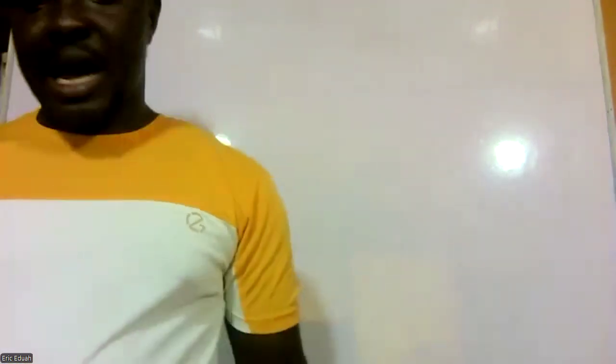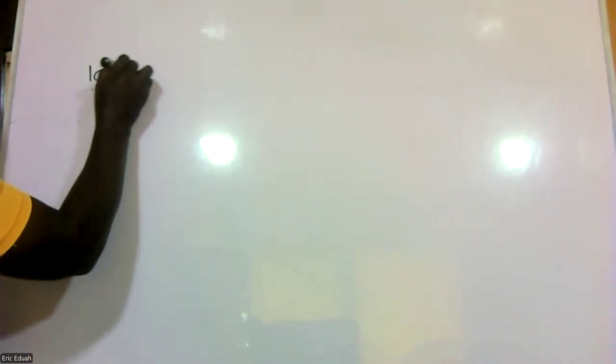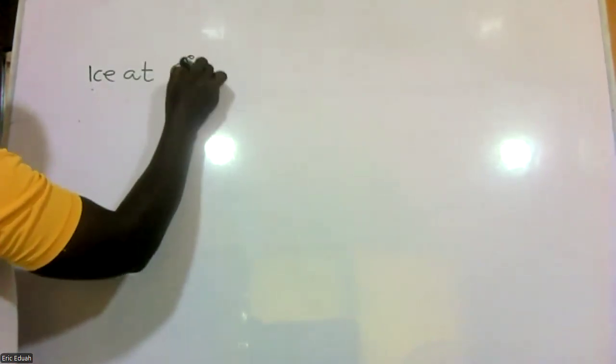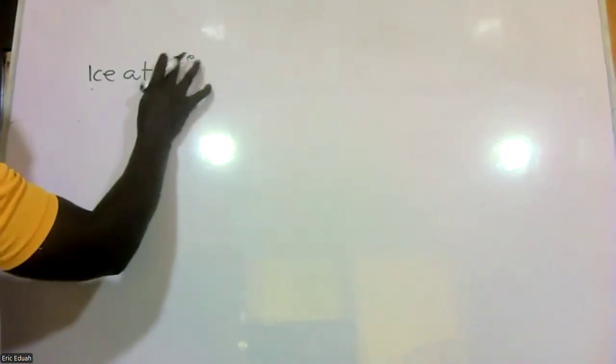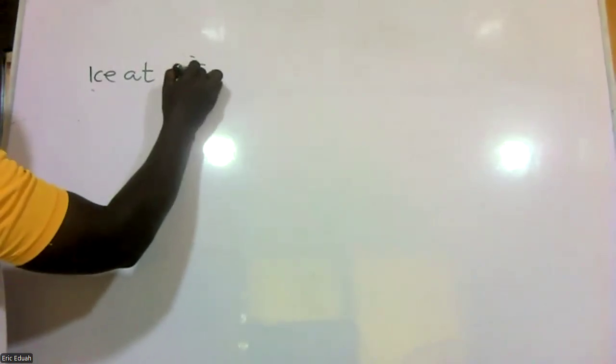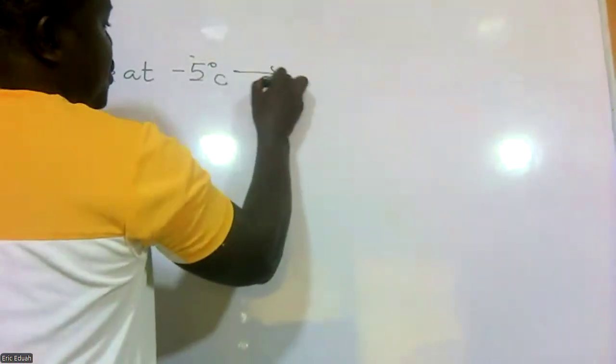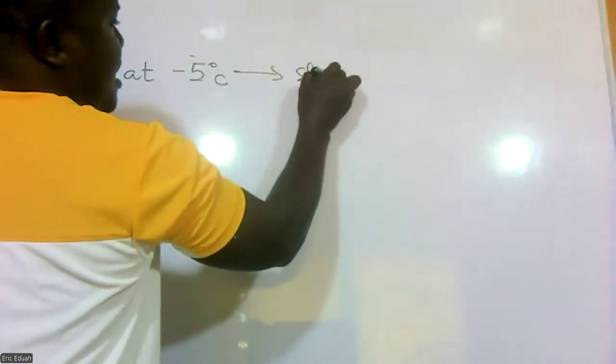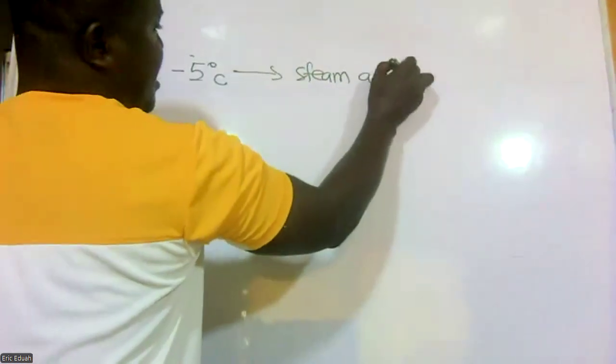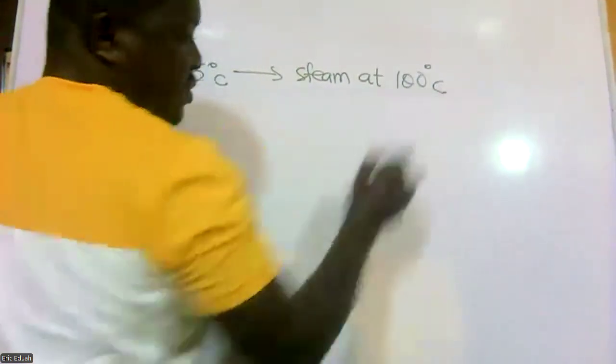Now, looking at the question I gave you, the difference here is we have ice at 0 degrees, ice at negative 5 degrees Celsius being changed to steam at 100 degrees Celsius.